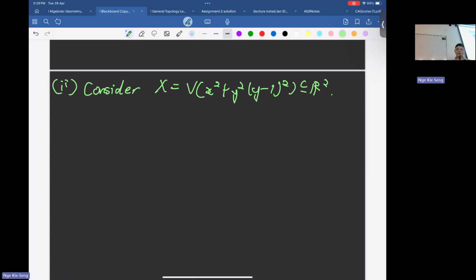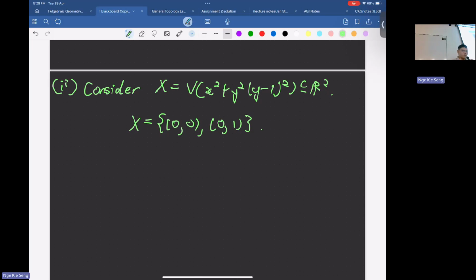But why? There are two choices, right? There are two roots here. Either y is zero, or y is 1. So actually there are only 2 points in R2 that satisfy this: (0,0) and (0,1).